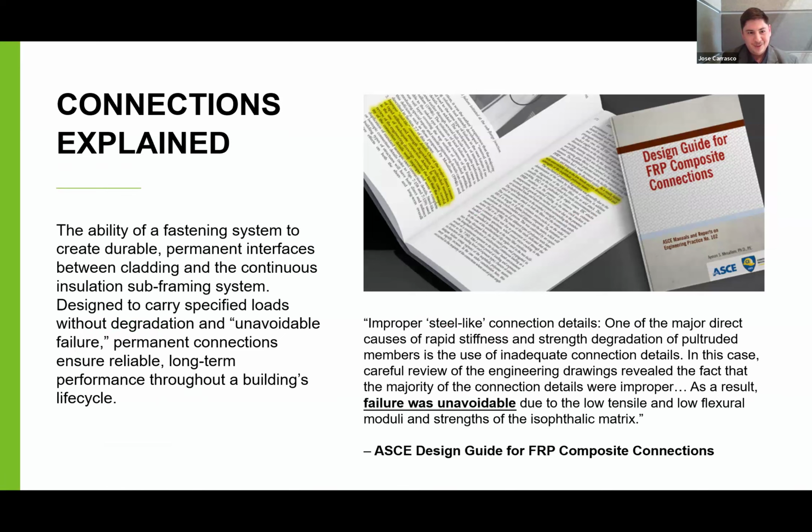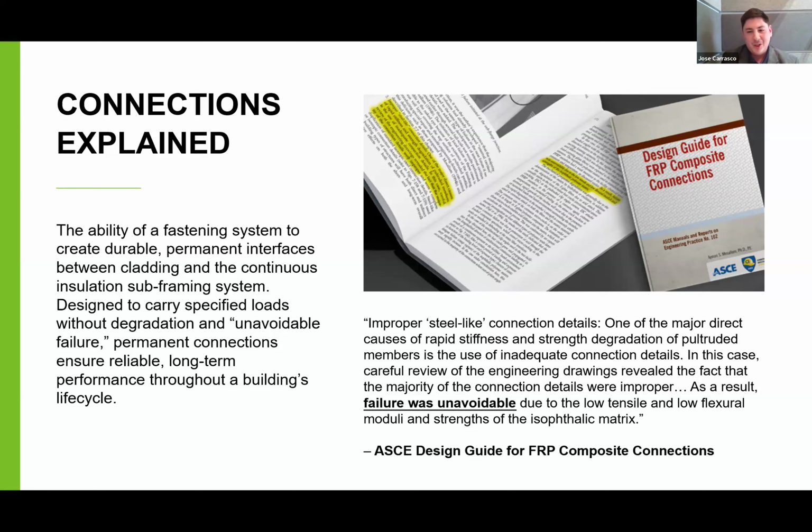The importance of having a steel to steel connection really can't be overstated enough in this presentation. What we have here is an excerpt from the ASCE design guide for FRP composite connection. This is the American Society of Civil Engineers essentially giving us a result of what they saw when there was improper steel-like connection details.